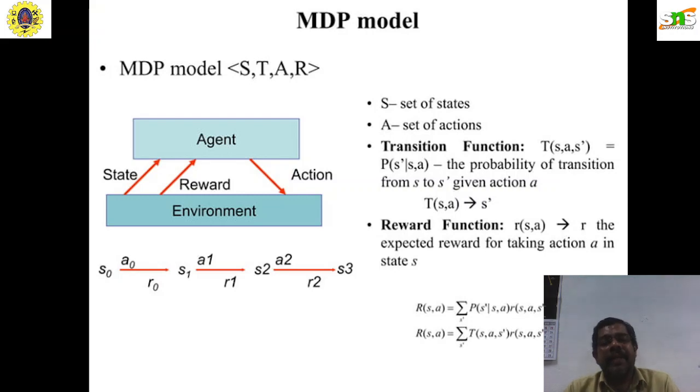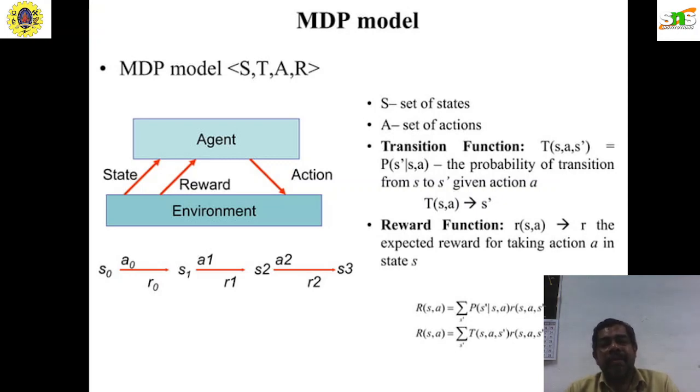The formula is capital T of small s, small a, and s dash. We apply the conditional probability of s dash given s and a, to get the transition effect T of s comma a, which implies s dash.